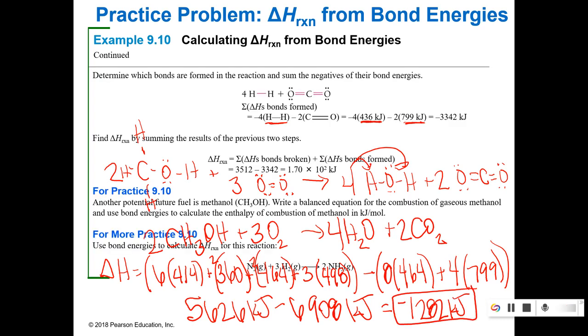Okay. That should make sense because this is kilojoules per mole. Because it specifically says kilojoules per mole. This is a combustion reaction, and those tend to be highly exothermic. So if you have a combustion reaction that's not exothermic, you may want to reevaluate your numbers and make sure that that's correct. Okay, if you want to work this last one, you're more than welcome to.